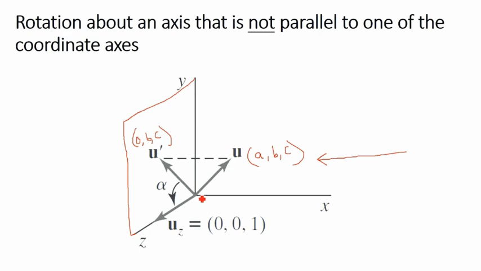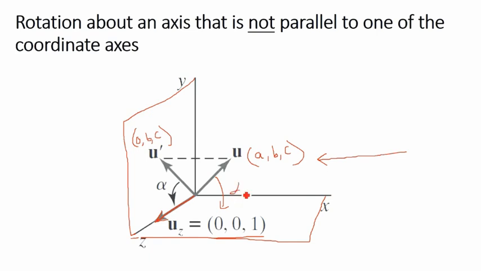Now the angle that u dash makes with the unit vector along the z-axis, that is uz, whose value is 0, 0, 1. The angle that u dash makes with uz is the same as the angle that u makes with the plane xz, alpha.